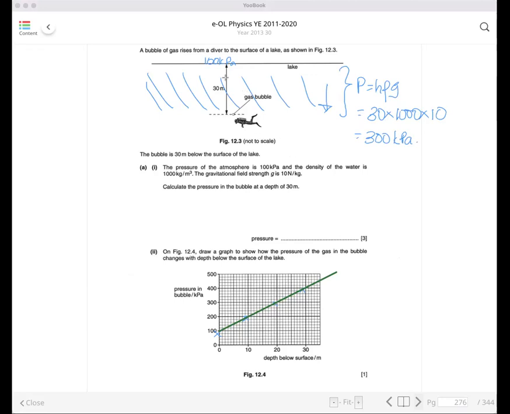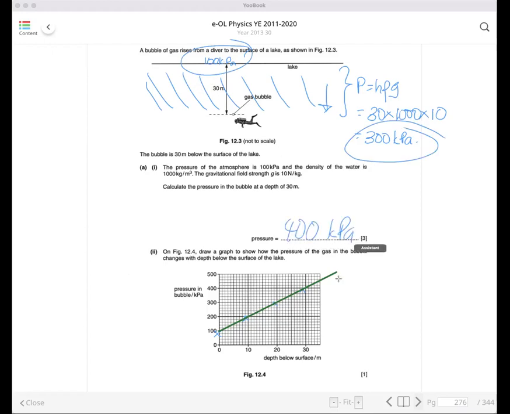Every 10 meters you sink into the sea, your body will be subjected to twice the atmospheric pressure. Can you understand that? Imagine every 10 meters of water above you is equivalent to standing at the surface of the earth. So at 30 meters deep, you'll be 3 times the pressure of your atmospheric pressure. So you add these two together, and your answer will be 400 kilopascal.